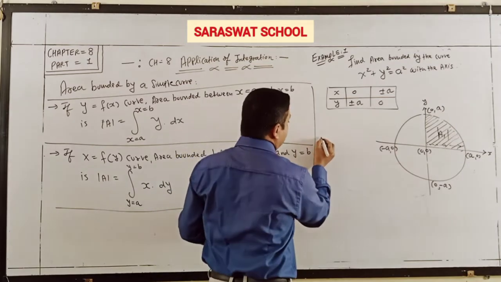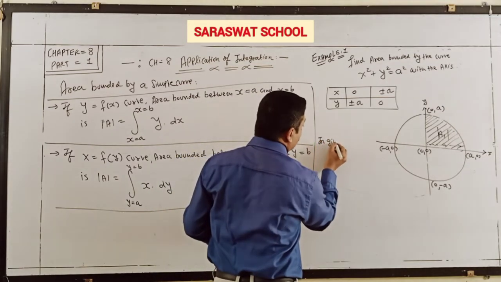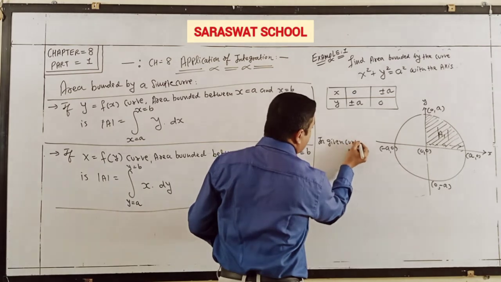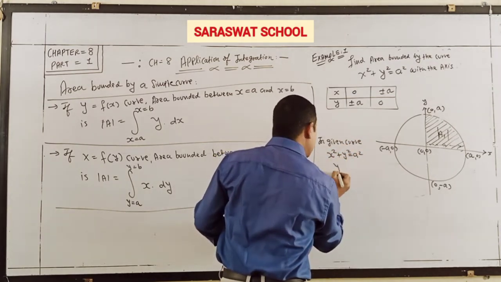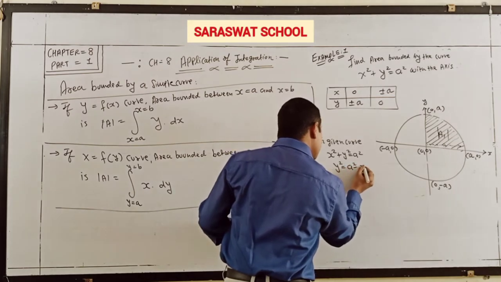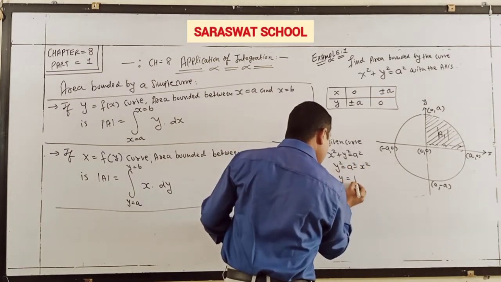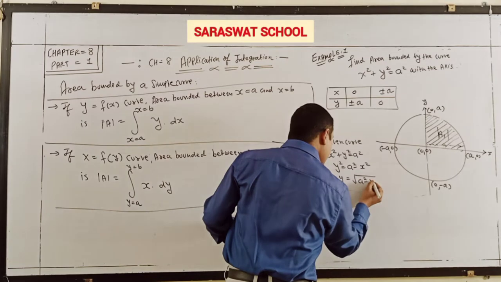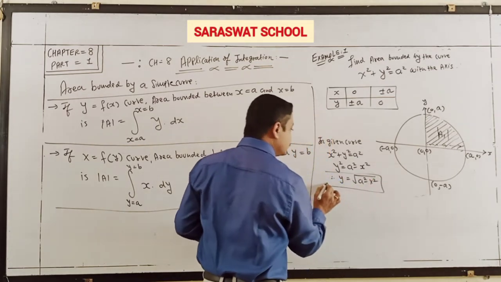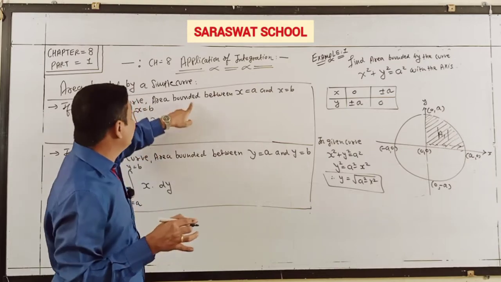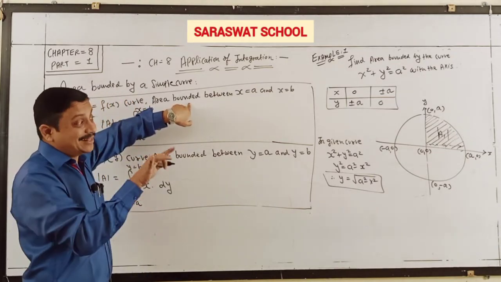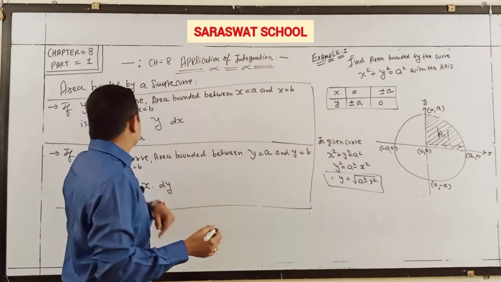So in the given curve, what's your curve? x square plus y square is a square. So y square becomes a square minus x square. Y becomes under root a square minus x square. And that curve I use bounded between x is equal to a, x is equal to b, that is 0 to a.